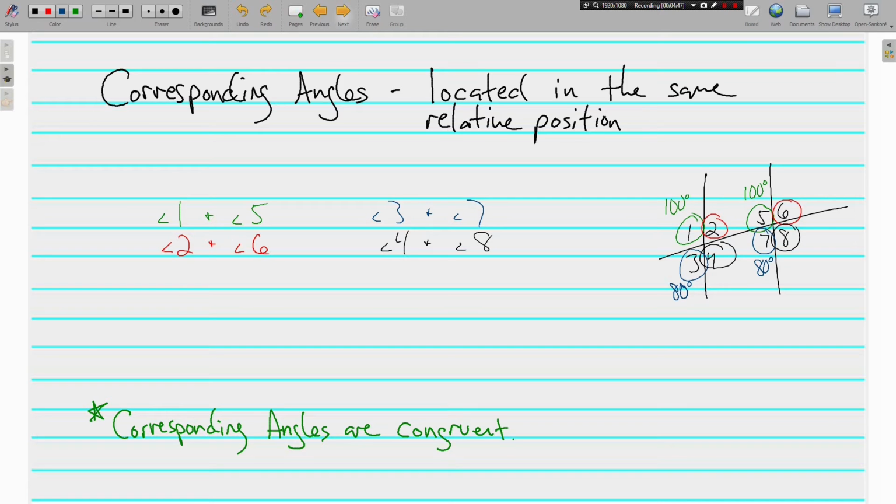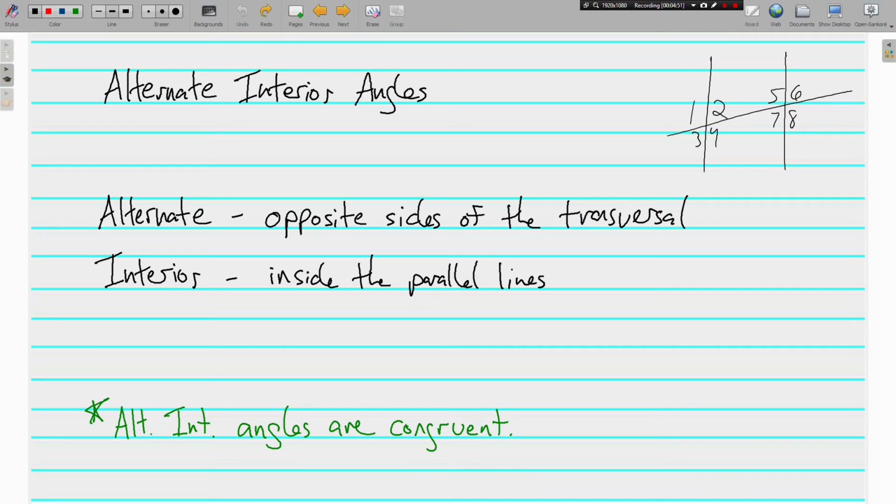All right? Moving on. Here we have alternate interior angles. I've got the same diagram drawn. Let's break down our vocabulary. Alternate means on the opposite side of the transversal. So our transversal, again, is our line that intersects the parallel lines.